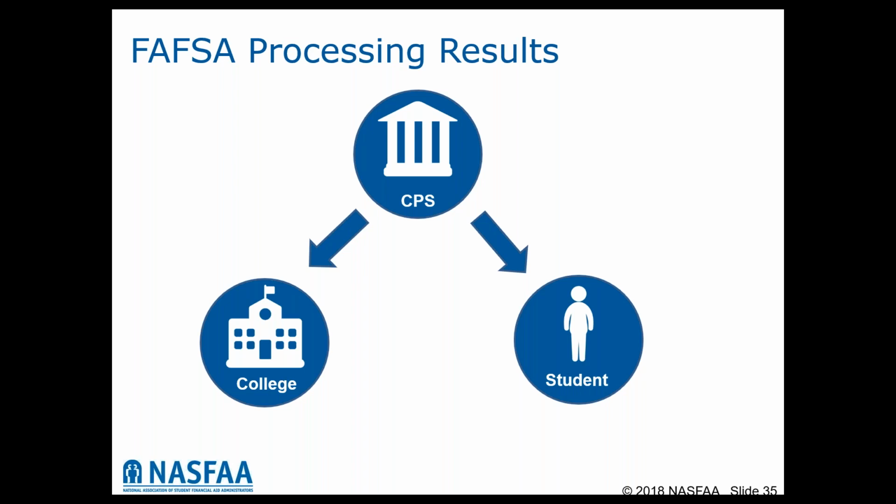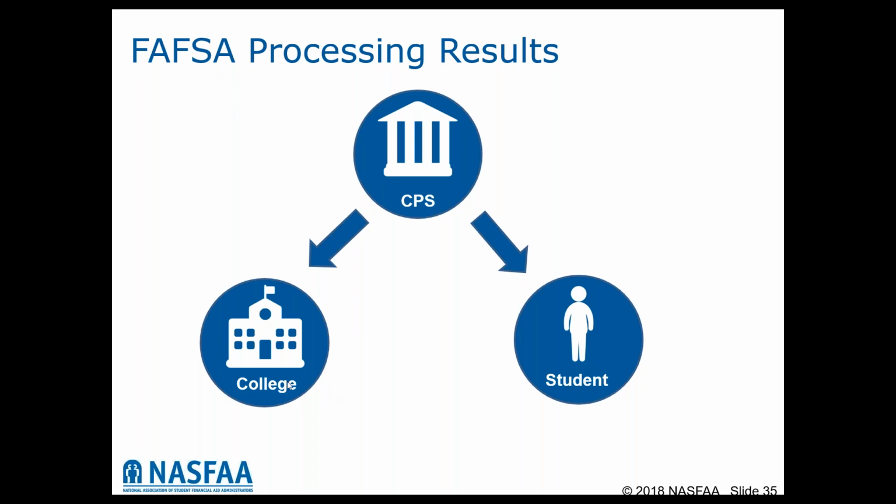And you can now log back into the FAFSA website and you can make a correction and add other schools if you need to, or if you know immediately you made mistakes that you need to fix, you can go in and make those corrections. Otherwise, you don't need to take any action, even though you've received the email saying it's been processed.